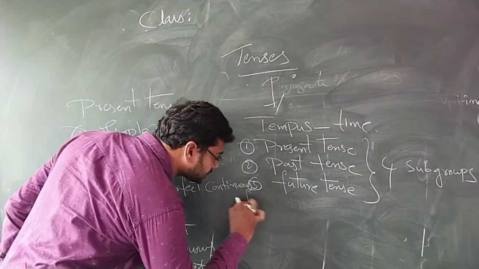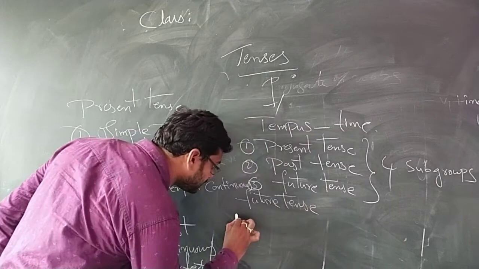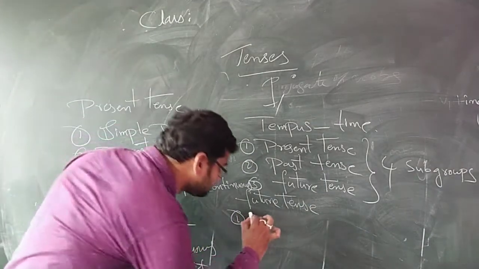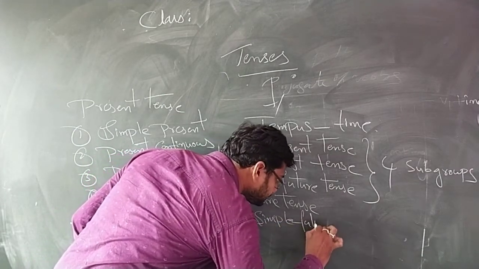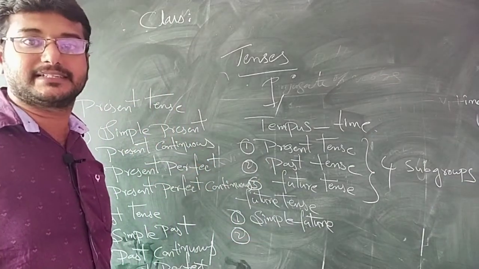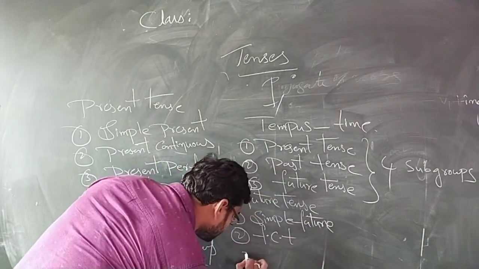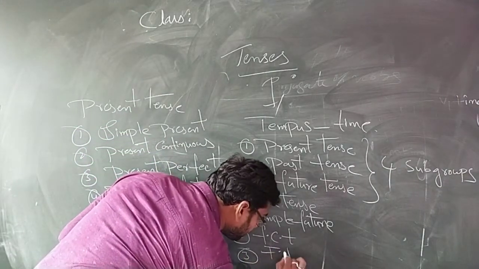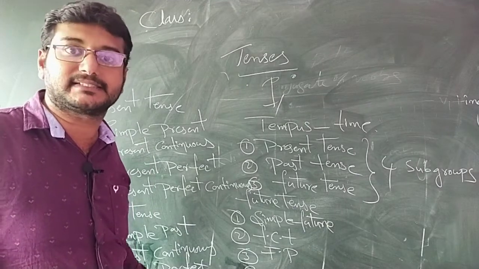Now in future tense, the first one is simple future, second one future continuous tense, third one future perfect, fourth one future perfect continuous tense.